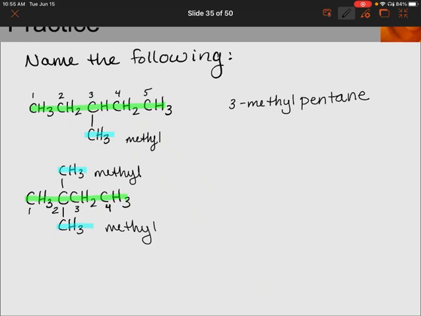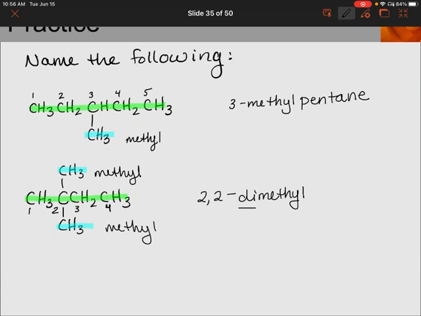So we're going to write 2,2-dimethyl. Now, this might seem redundant, but you do have to list the numbers for both methyl groups, even if they're on the same carbon. So we would write 2, 2, and then don't forget the di prefix to indicate that we have 2 methyl groups.